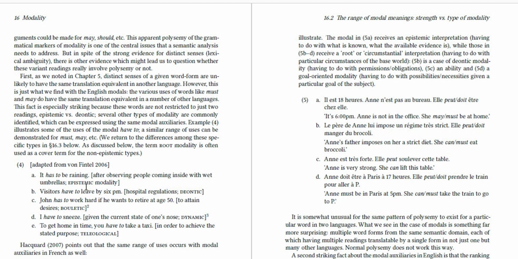So my expectation here, after I find the wet umbrellas, is that they came from rainy weather, and that's what we call epistemic. We have here: visitors have to leave by 6 p.m. That's what we call deontic because it has, as we say, rules or regulations.